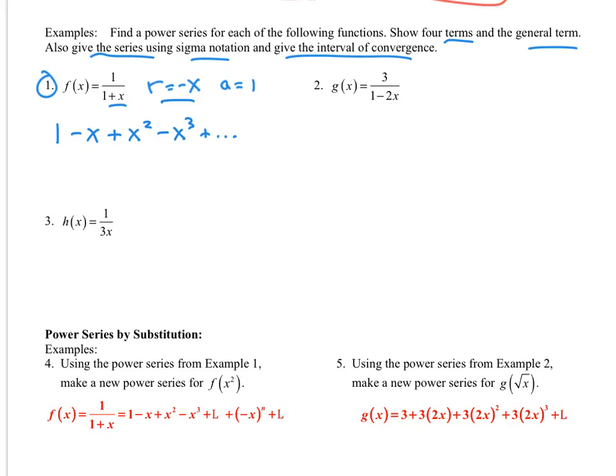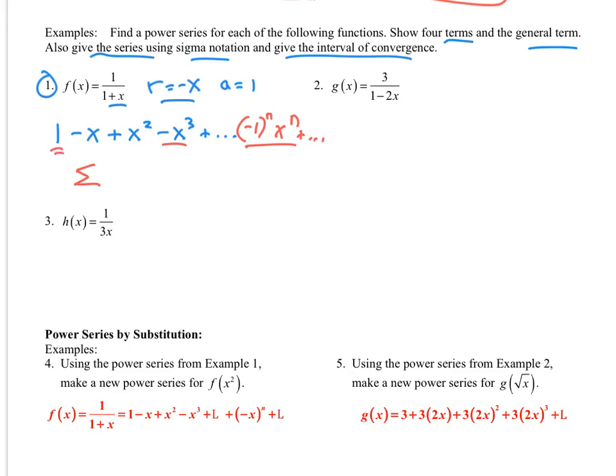If I want my general term, I need this alternating in signs. Look at when it's raised to the 3rd power, I have a negative, so I can go to the nth power of negative 1, which would give me a negative if it was, for instance, 3rd, and then x to the n. But you have to determine what your n values are going to start with.